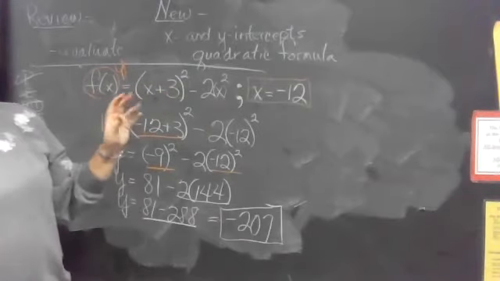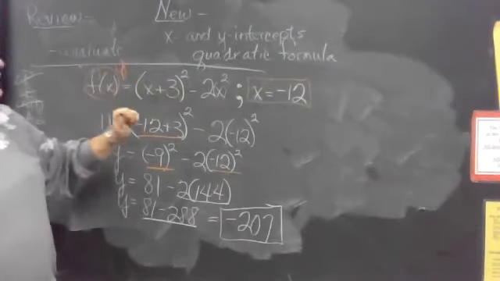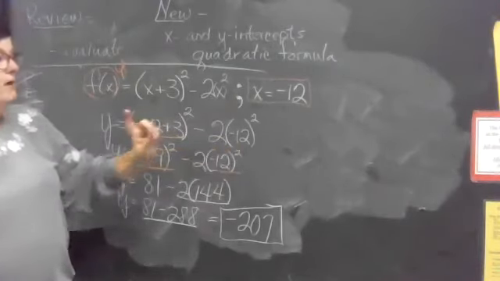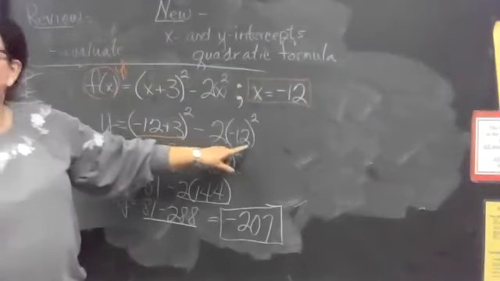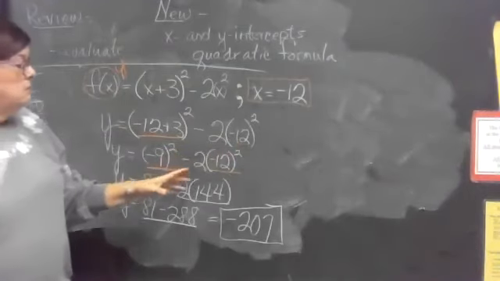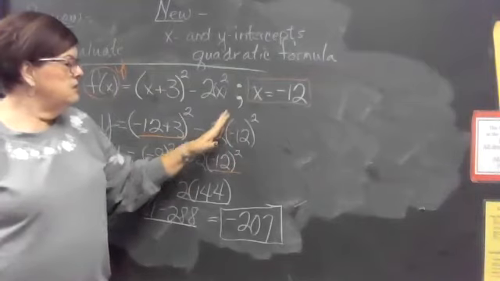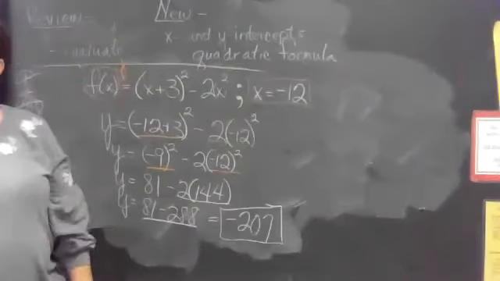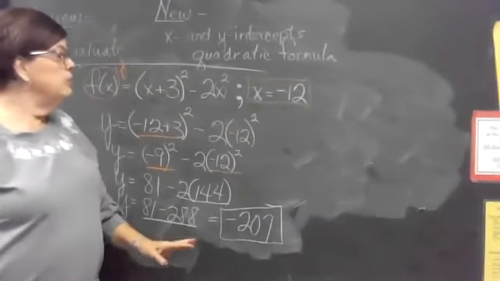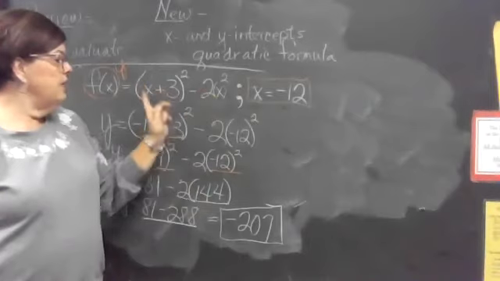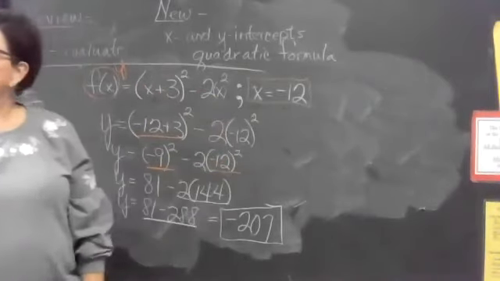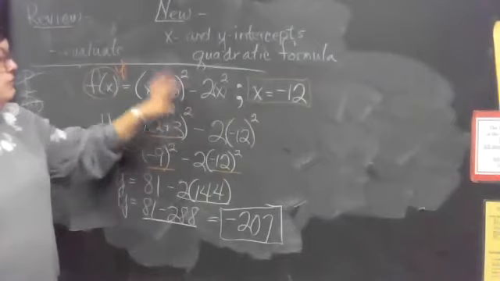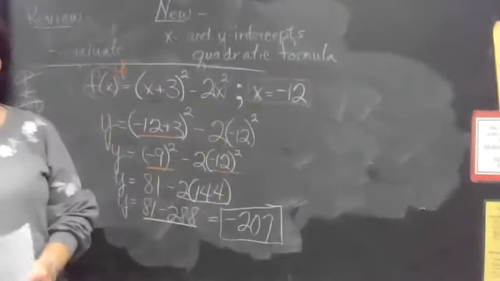Because if you're one of those that just uses the calculator all the way through, and you did not put this negative 12 in parentheses, you might, first of all, think that it's 2 minus 12, or you would just put negative 12 squared instead of the parentheses, and you would actually give the wrong answer in the calculator. So it's very important to plug in your values of X using parentheses, especially if you're a calculator person. Okay? So this is all you're doing on that other sheet.